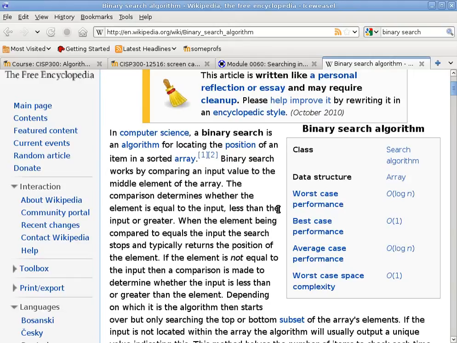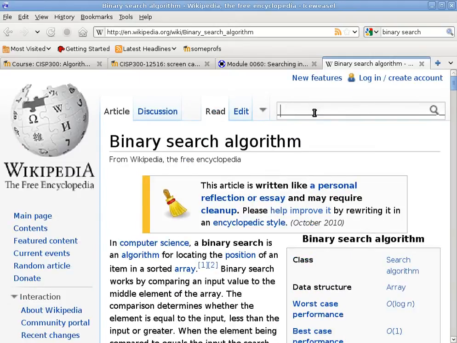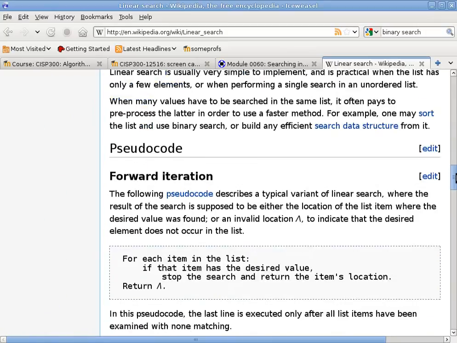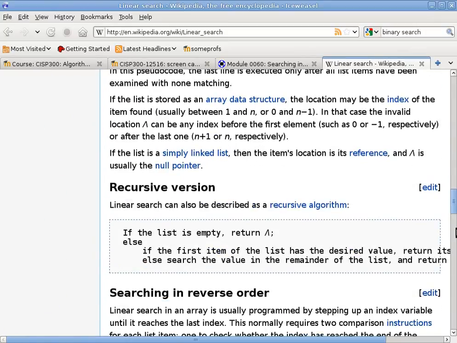So the next thing we want to do is to look up linear search. Right. Thank you. So we want to take a look at linear search. And when you look up linear search, does it have a time complexity?